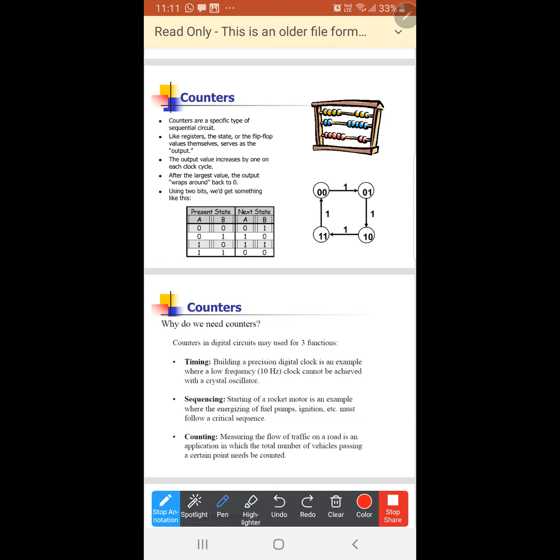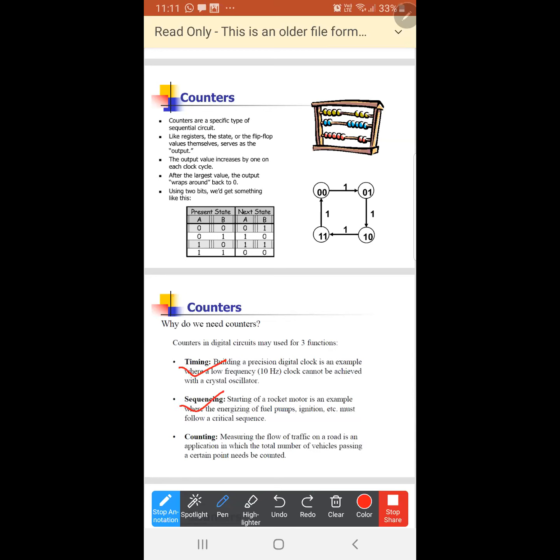And girls, of course, it's a sequential circuit, so it has memory also. So counters are for counting purposes. What are the uses of counters? For timing and sequencing.